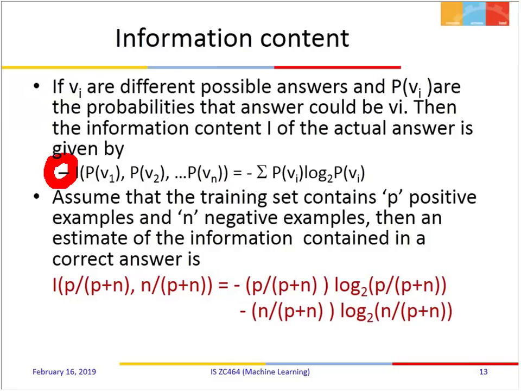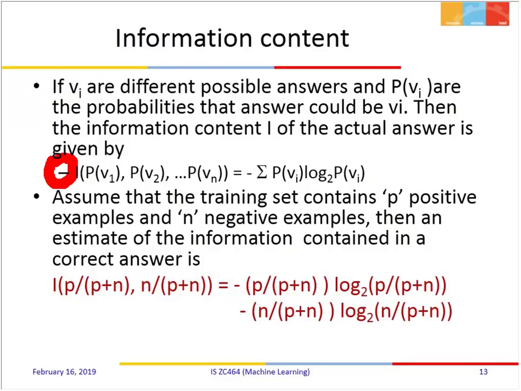That is equal to minus summation P(Vi) log P(Vi), and it is to the base 2. So the product of the probability with its log value is summed up over all such answers Vi which are possible for an attribute corresponding to this set of values.